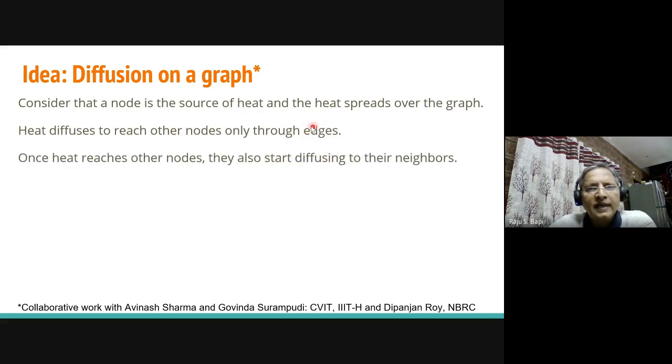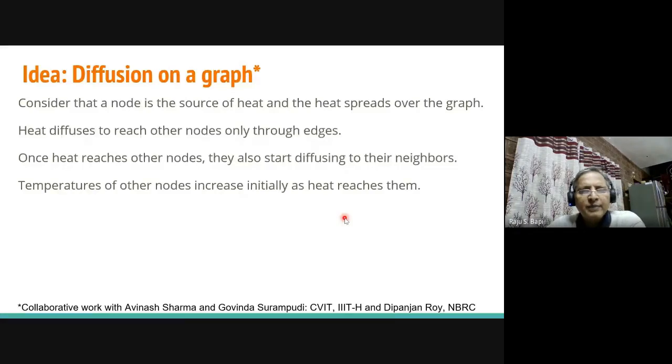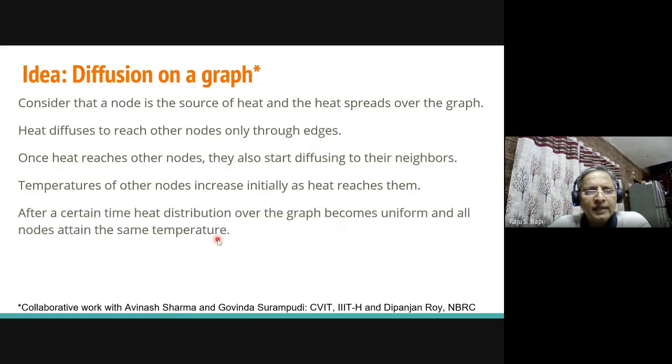These edges are defined from the structural connectivity. And once the heat reaches other nodes, they also start diffusing to their neighbors, so that this spreads over the whole graph. And temperatures initially increase at the nodes, but eventually they settle down into some sort of a distribution over this graph.